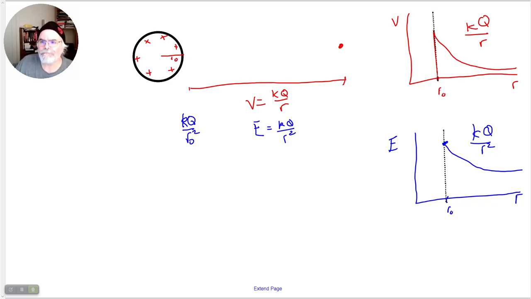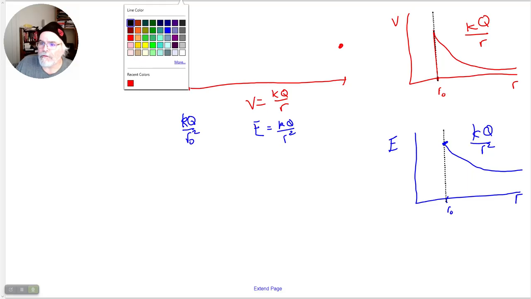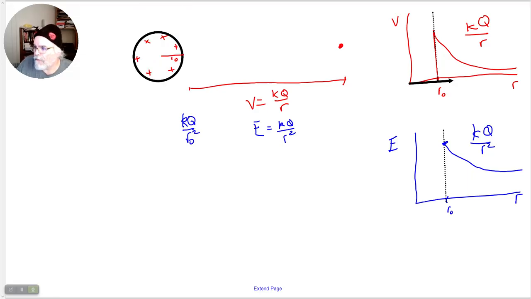Okay. Good. And I'll take my eraser and clean this up.